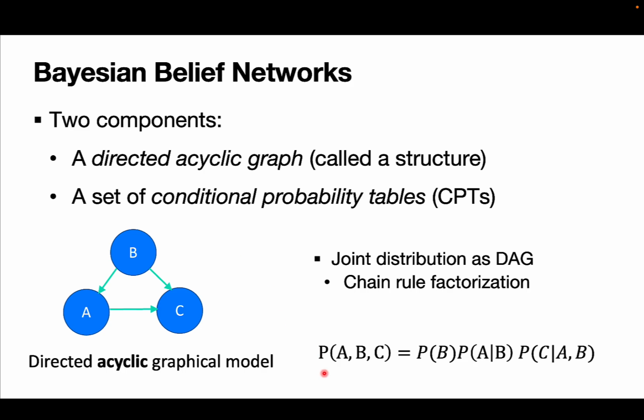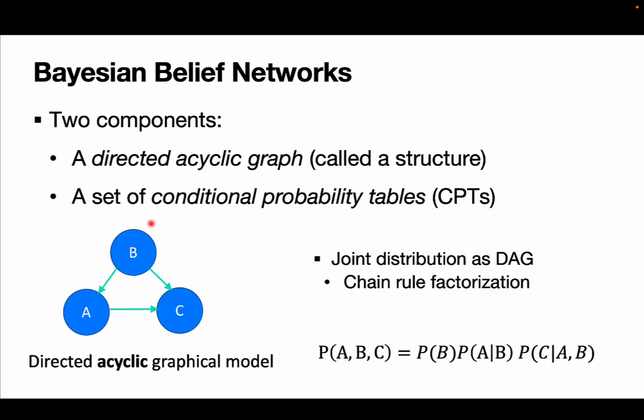And as you can see here, computing the probability of A, B, and C involves multiplying the prior probability of B with two conditional probabilities, the probability of A given B and the probability of C given A and B. And we need to obtain what are called conditional probability tables that provide these conditional probabilities, because these probabilities are not just computed by simple counting.